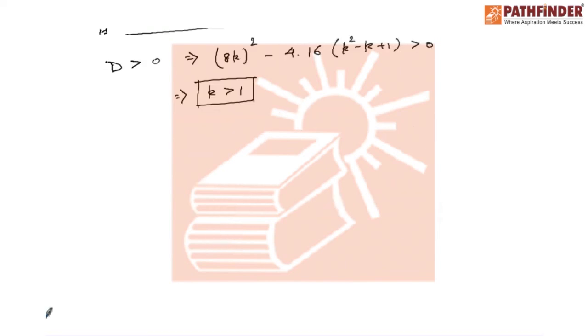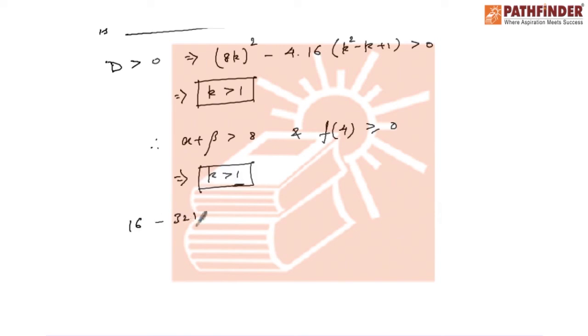Now since both the roots are greater than or equal to 4, obviously the sum of roots must be greater than 8, so α+β>8, and also the functional value at 4 must be greater than or equal to 0, and this also implies that k is greater than 1. Again, 16−32k+16(k²−k+1)≥0 from f(4)≥0.